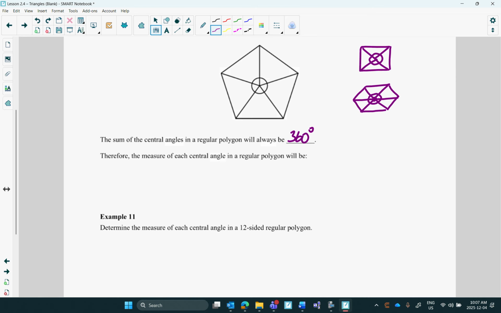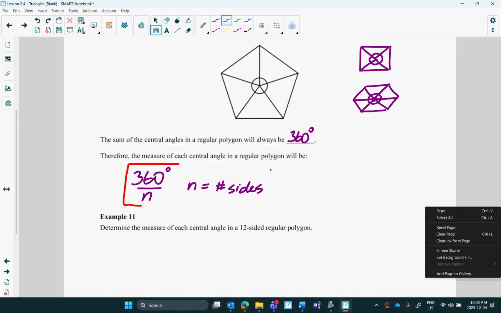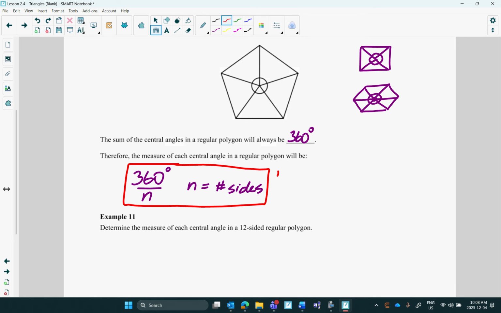So the formula to find the measure of a single central angle in a regular polygon will be 360 degrees divided by n, where n is the number of sides. Again, this is not one that has to go on a reference sheet because you will get this formula always.